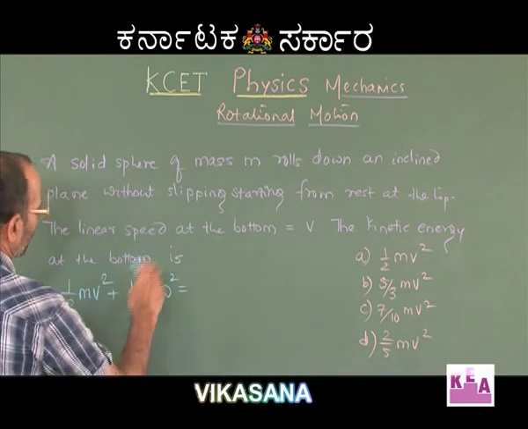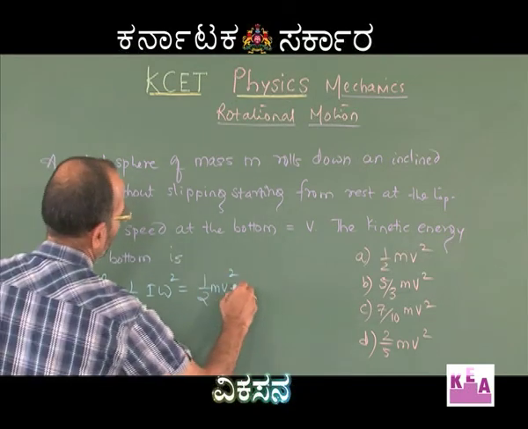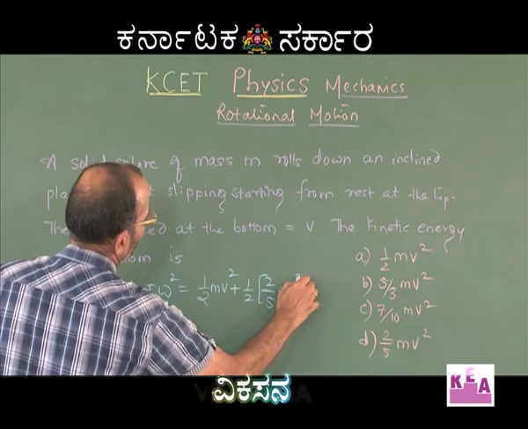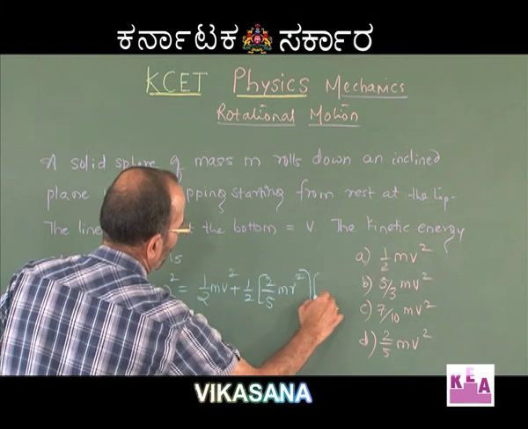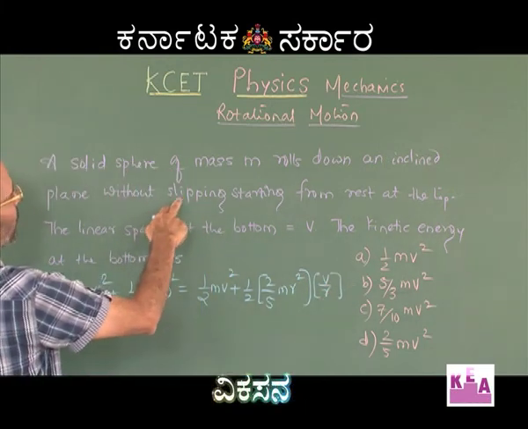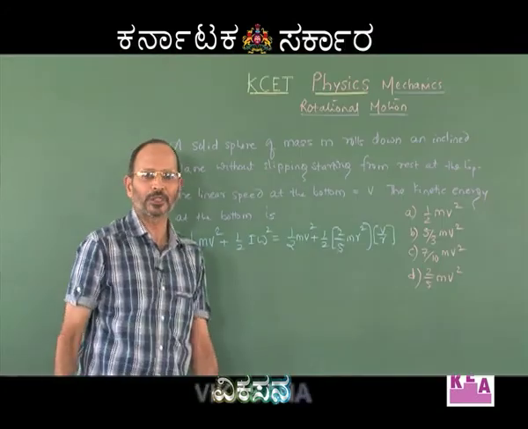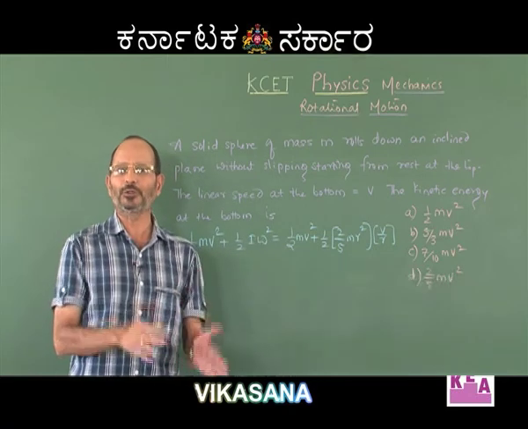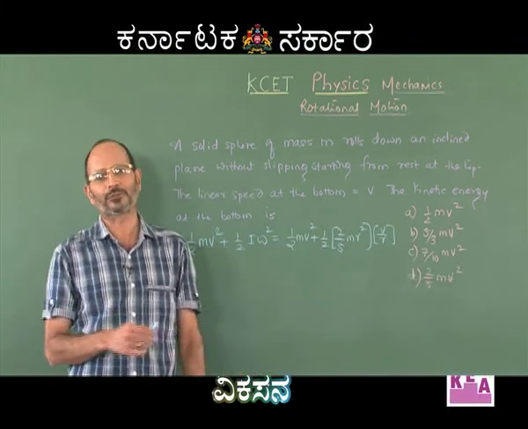Now, I will substitute the value of I as I said. So, it is half mv square plus half into 2 by 5 mr square, because it is a solid sphere, into omega square, and omega is nothing but v by r, because it is coming without slipping. When there is no slipping, please remember the correct definition: the point of contact of the body with respect to the surface should be at rest with respect to the surface.